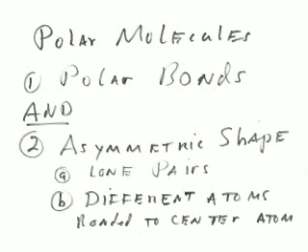So we see the rules to get polar molecules. First, you have to have polar bonds. If there are no polar bonds, it's automatically going to be a nonpolar molecule. But that's not enough. You also have to have asymmetric shape. And the way you get asymmetric shape is if you either have lone pairs on the center atom, or if you have different atoms bonded to the center atom.